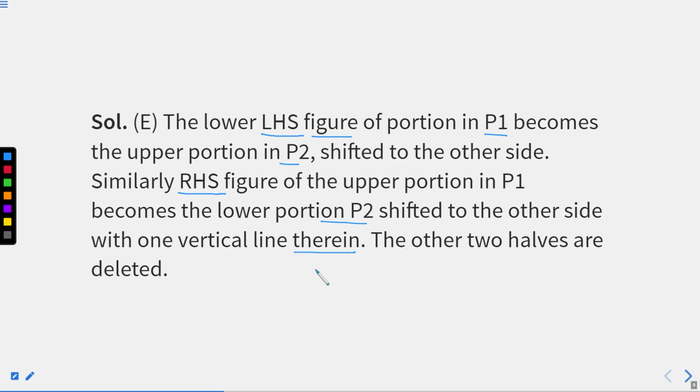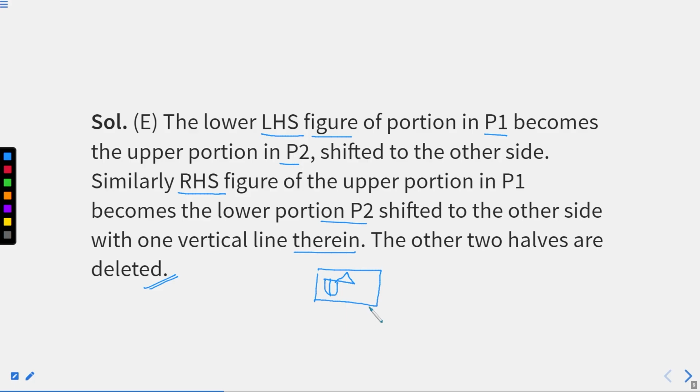The other two halves are deleted. I hope you get this. Now the figure that we obtain, option number E, is this, right? This is the answer figure. I hope this question is clear as well.